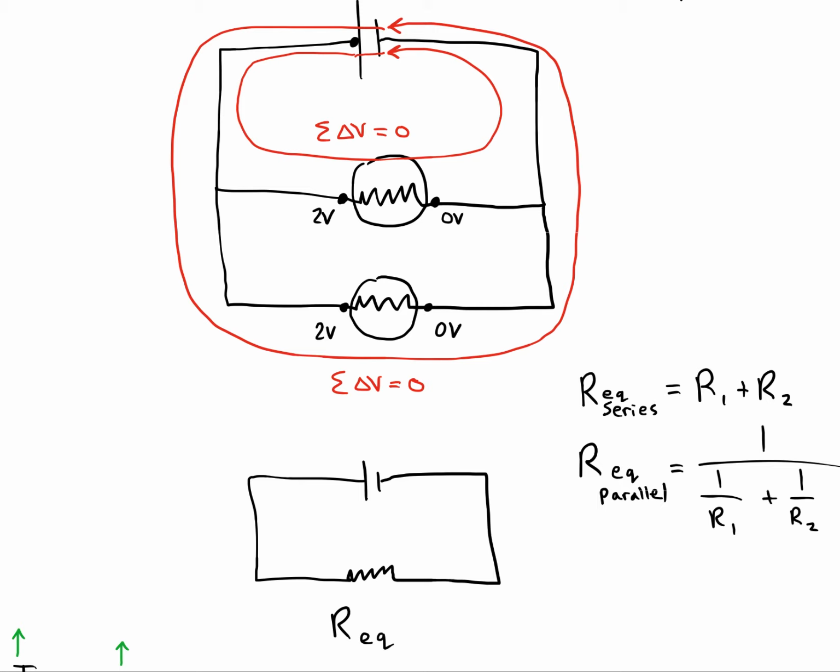The reasoning for this is that the electrons, when they go through the path, they have more ways to get to the other side. Okay, like there's more cross-sectional area in total if you were to, say, combine the bulbs. More bulbs in parallel is actually better for the electrons if they want to get to the other side.